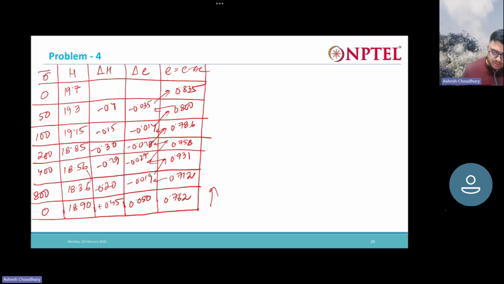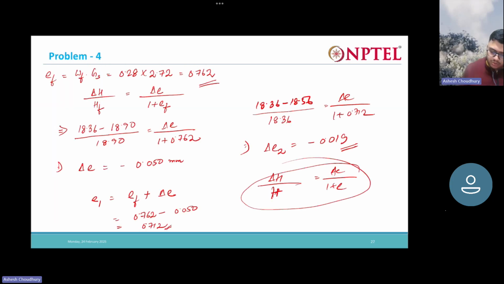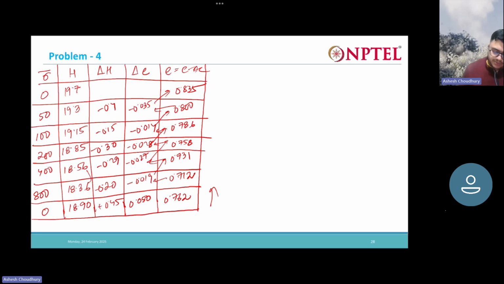This 0.019 I showed here how to calculate. Now how will we calculate 0.027? 18.85 minus 18.56 divided by 18.56 equals delta e by 1 plus 0.731. You will get delta e as 0.027.